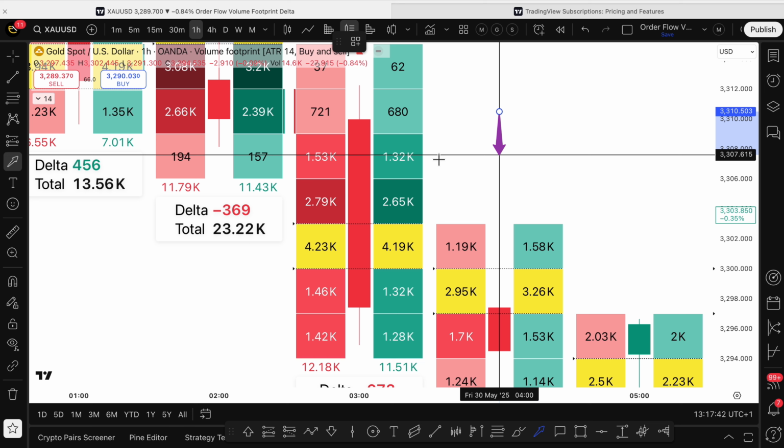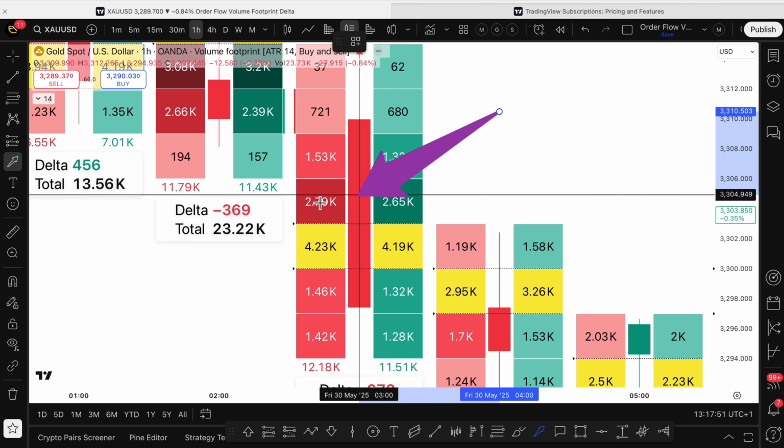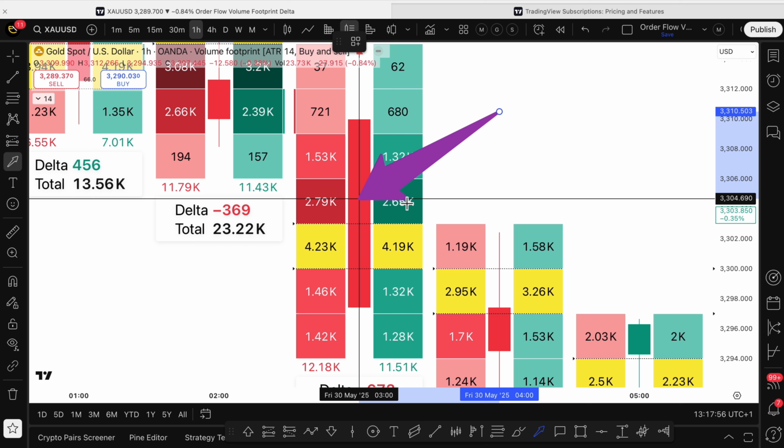So here we can see 1.53k sellers, 1.32 buyers, and that was just at this area. And as you can see below it, we had 2.79 and 2.65.